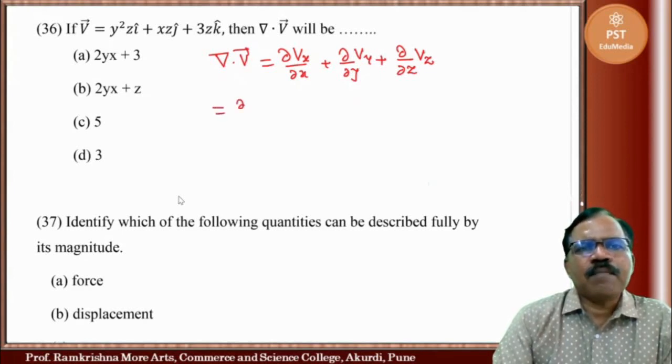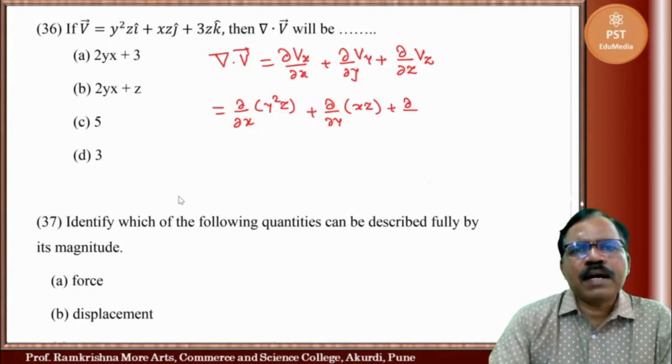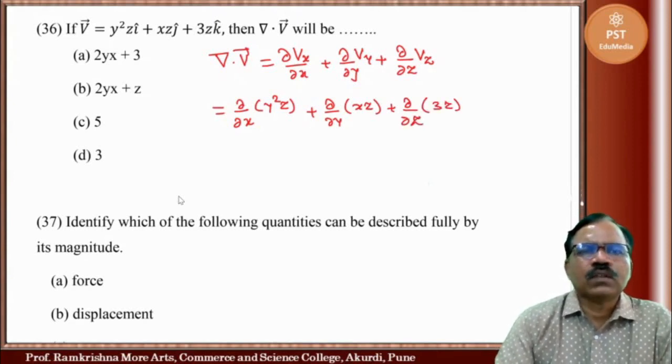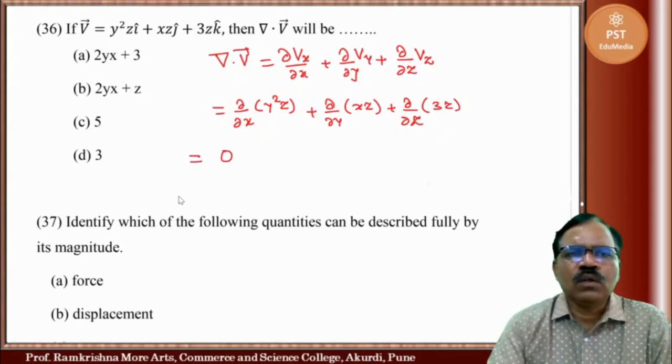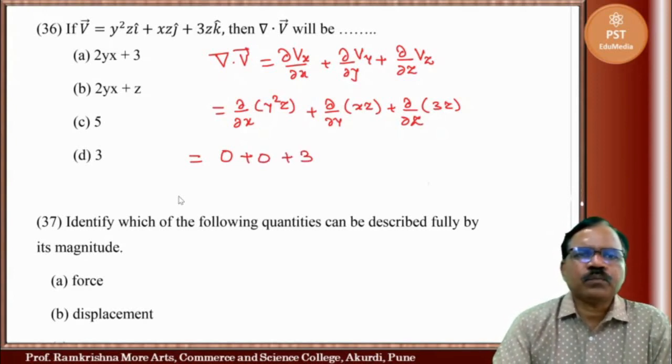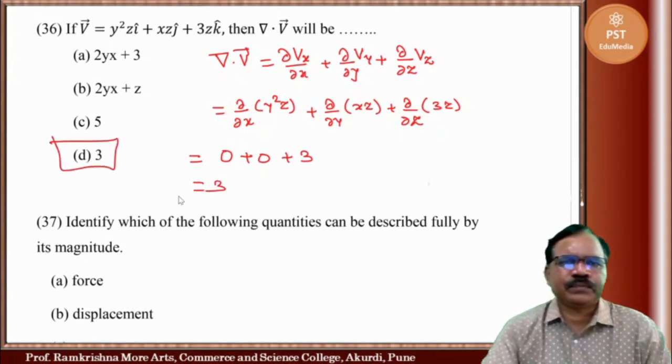Now the x component is y square z, the y component is xz, and the z component is 3z. So here the first derivative is 0, the second one is also 0, and the third one is 3. So we get 3. So this one is correct.